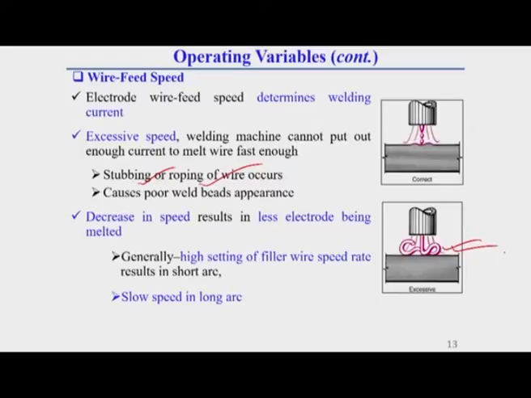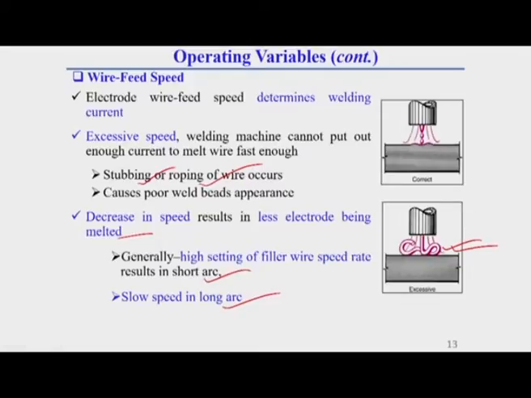One thing you should keep in mind: a decrease in speed results in less electrode being melted. That is why a general rule is used: a higher setting of filler wire speed results in a short arc, and a slow speed gives a long arc. If the speed of the filler wire is less, there will be a long arc.